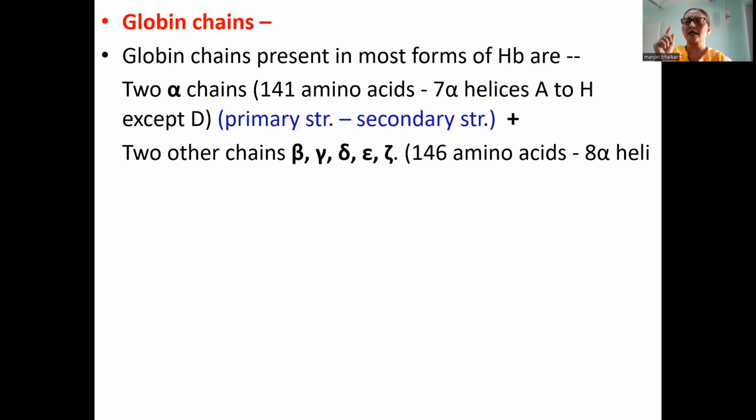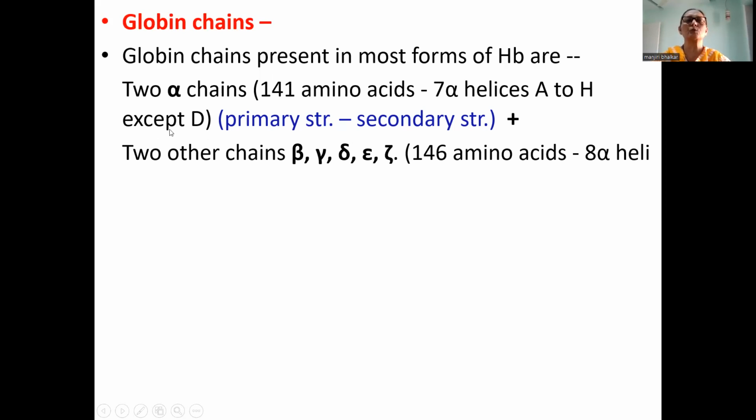Each of these alpha helices is given a specific alphabet from A to H except D. So that makes 7 alpha helices, and that indicates the secondary structure of a globin chain.